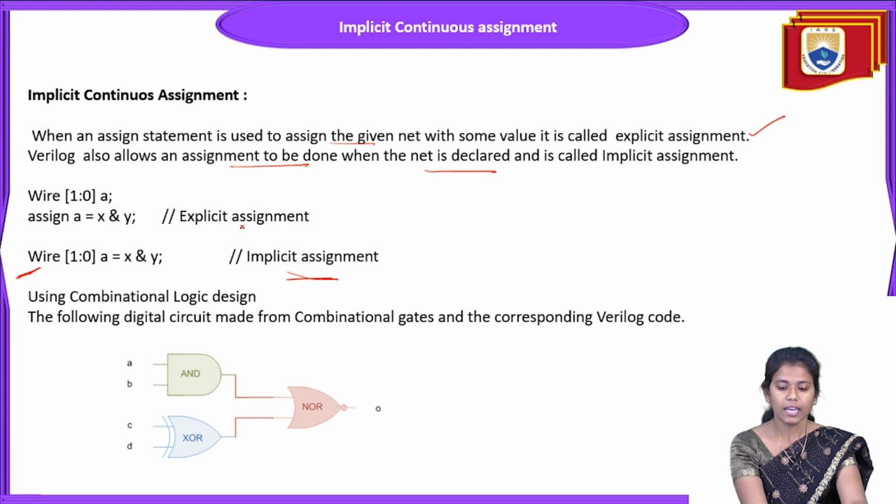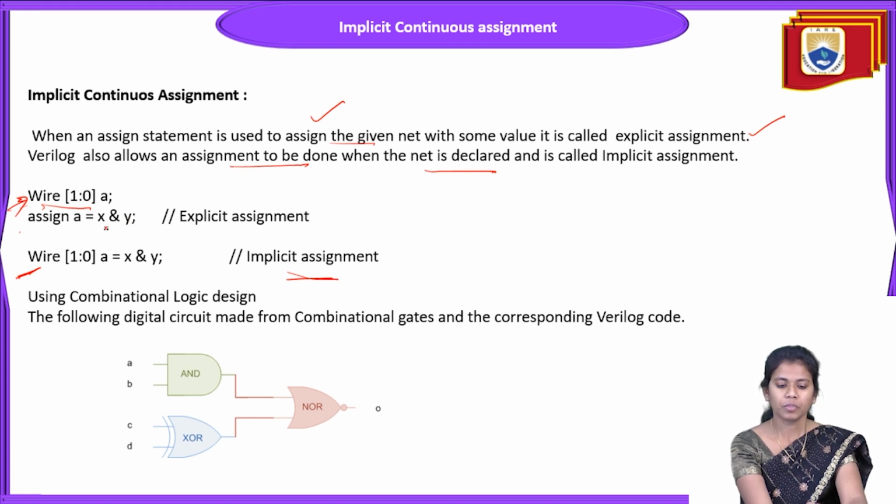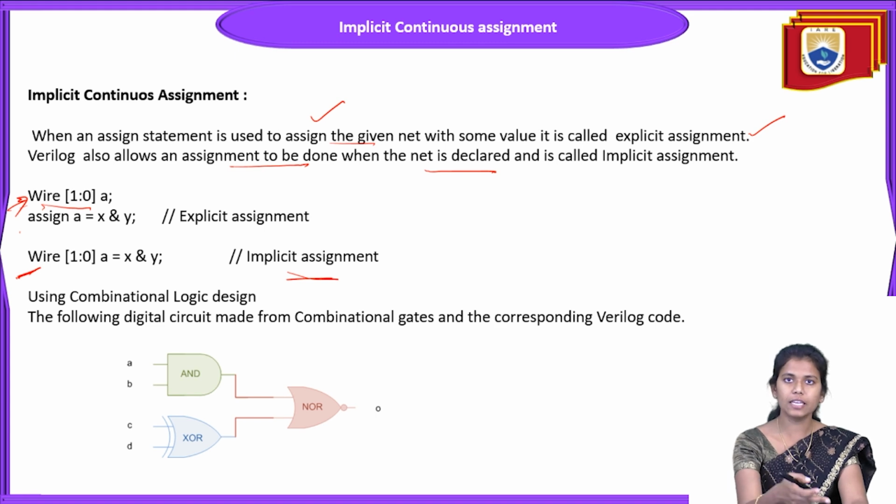Whereas for explicit, the assign keyword is used on the net. This net actually has a 1:0 delay with respect to the input A, and the output is X and Y. The important thing to remember about the difference between implicit and explicit is that for explicit, the assign keyword is used with respect to the net declaration.